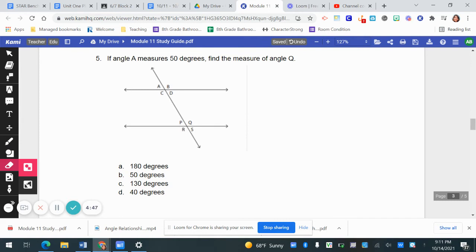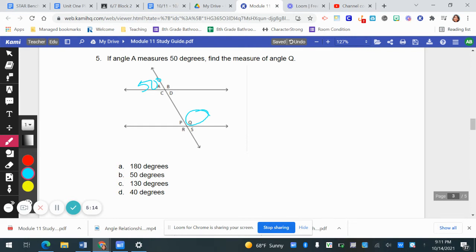Okay, so now, if angle A measures 50 degrees, find the measure of angle Q. So the first thing I'm going to do is, it's telling me that A is 50 degrees, so I'm just going to go ahead and write 50 degrees here. So now I need to do angle Q. Let's see.